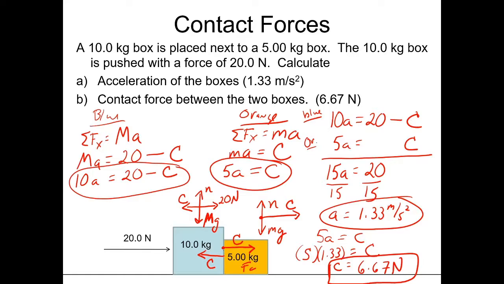The acceleration of both boxes is the same. They're both getting pushed, and they're both going to move in the same direction. The contact force is positive 6.67 for the orange box, because it's the contact force that's pushing the orange box. The contact force is negative for the blue box because the contact force is resisting for the blue box.